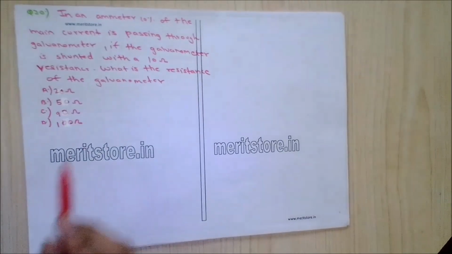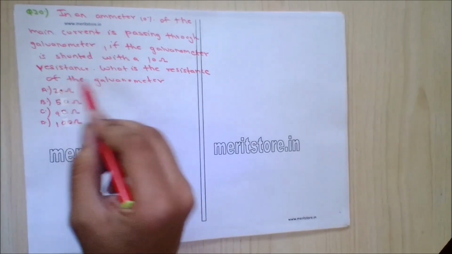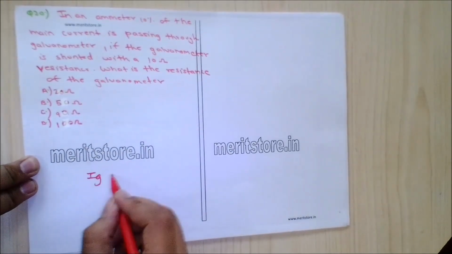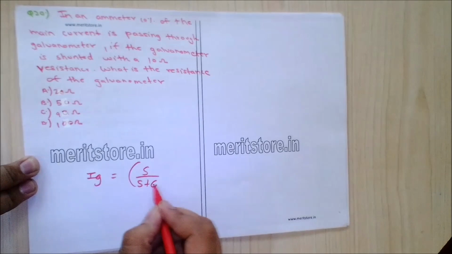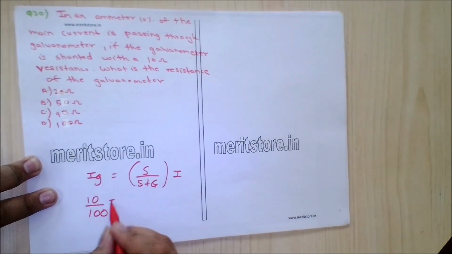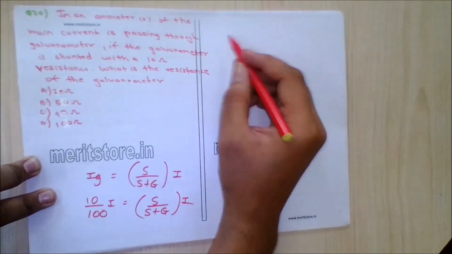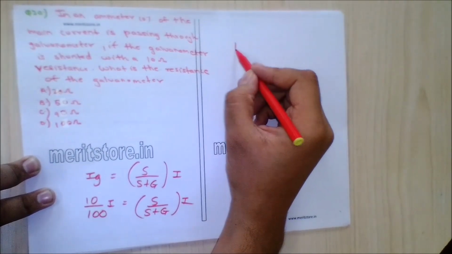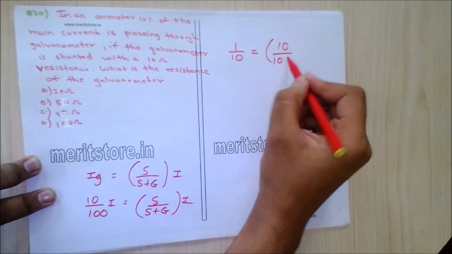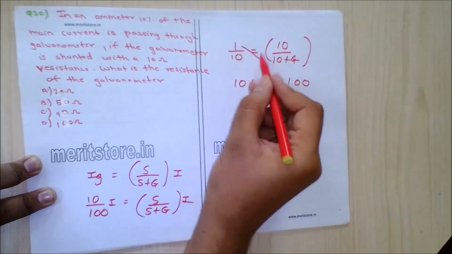Question number 20. In an ammeter, 10% of the main current is passing through galvanometer. If the galvanometer is shunted with 10 ohm resistance, what is the resistance of the galvanometer? Now we know that Ig is equal to S upon S plus G times I, the formula which we have, which can be now written as 10 upon 100 I is equal to S upon S plus G I, which can be written as 1 upon 10 is equal to 10 upon 10 plus G. So 10 plus G is equal to 100, cross multiplying the terms.